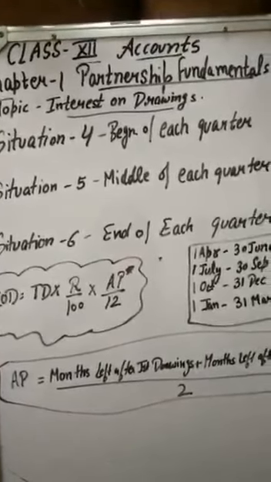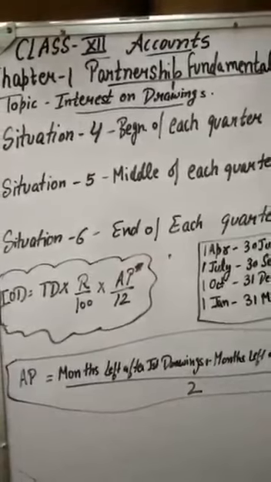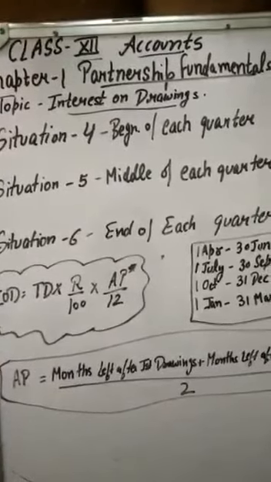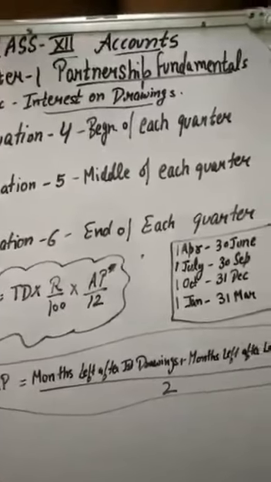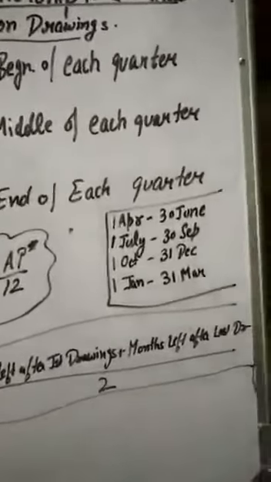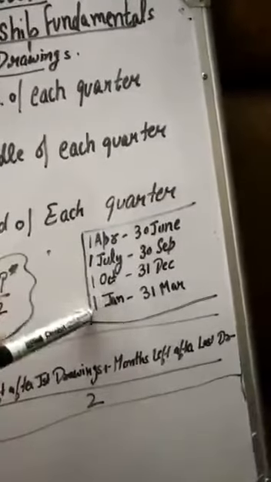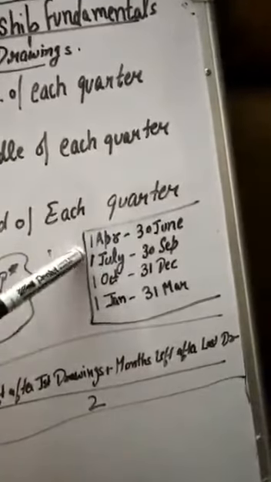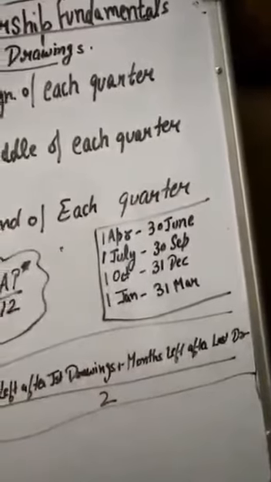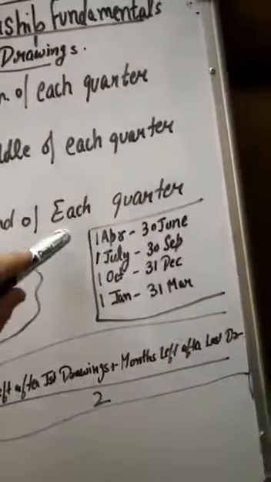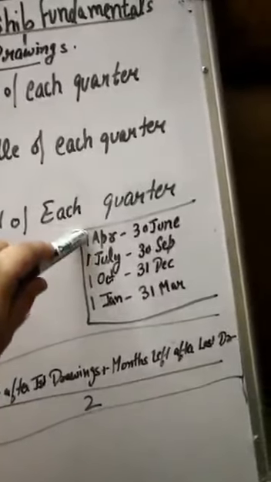So first of all, before understanding the system of quarters, we have to understand that in a year we have 4 quarters, and each quarter is of 3 months. If we talk about our financial year, our first quarter starts from 1st April to 30th June.